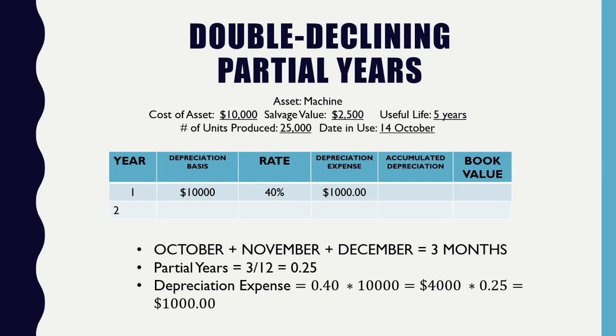So 1/4 times that $4,000 is going to give you $1,000. And that's your depreciation expense for the first year, because you can only depreciate it for a partial year.